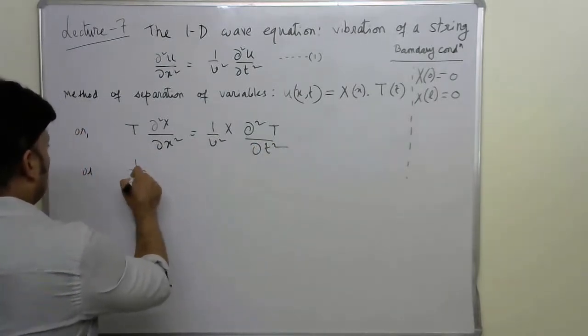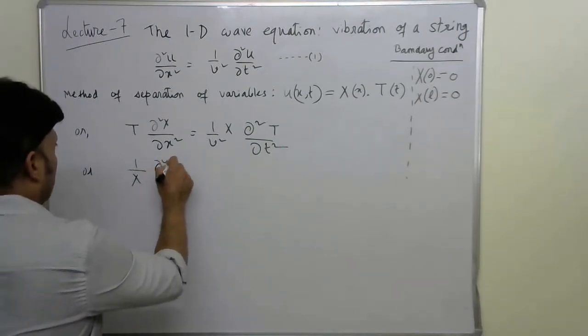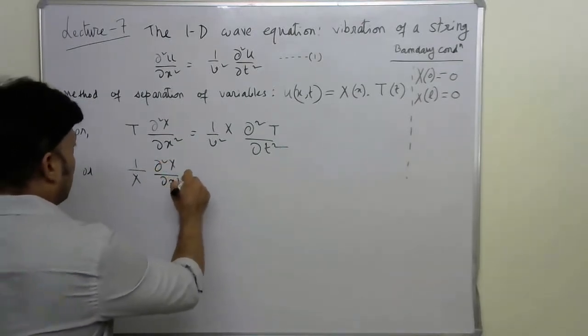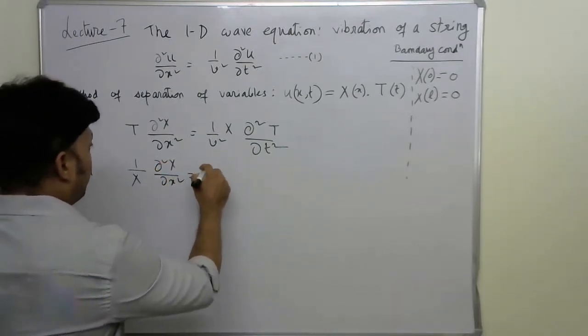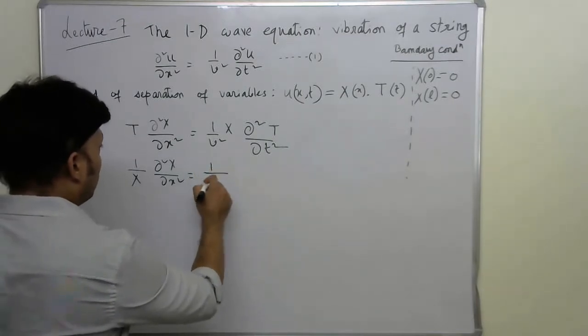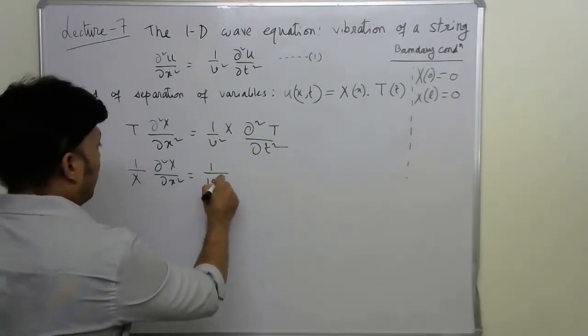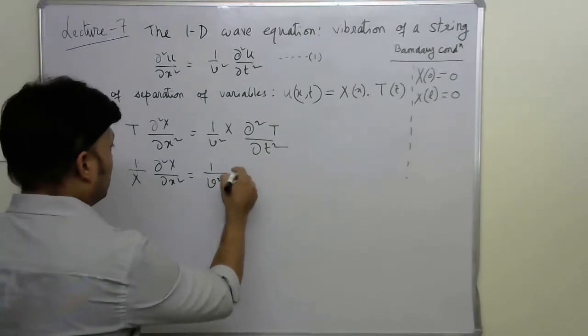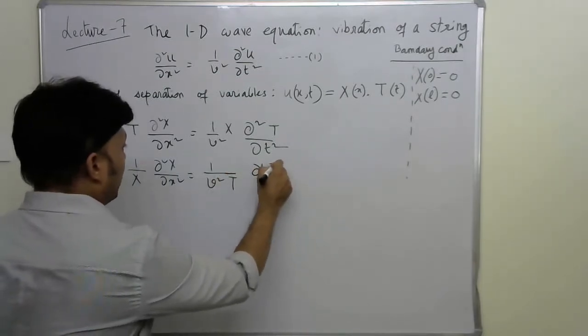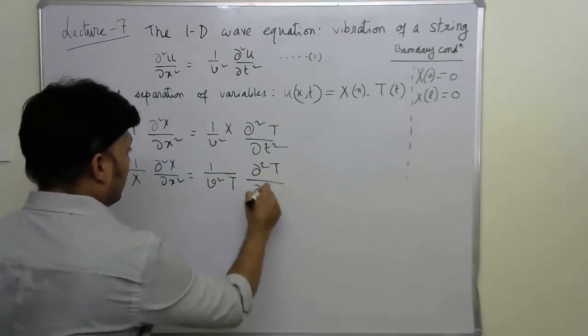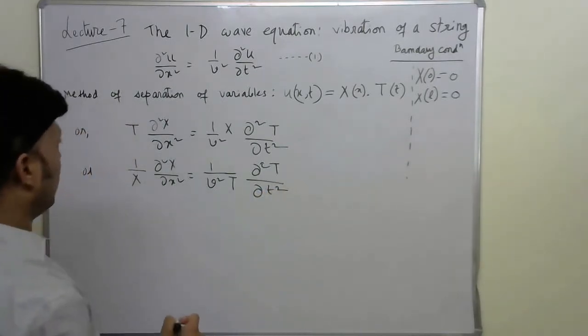We get 1 over X ∂²X/∂x² is equal to 1 over v² times 1 over T ∂²T/∂t².